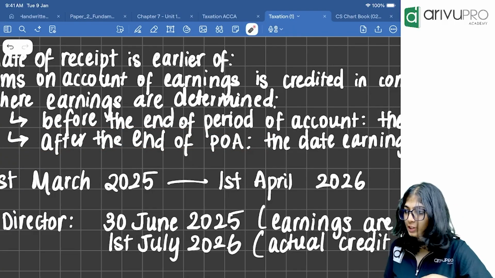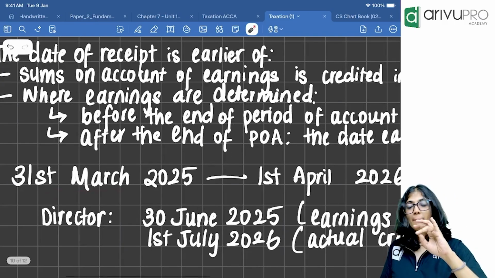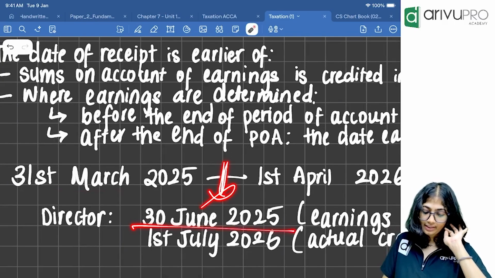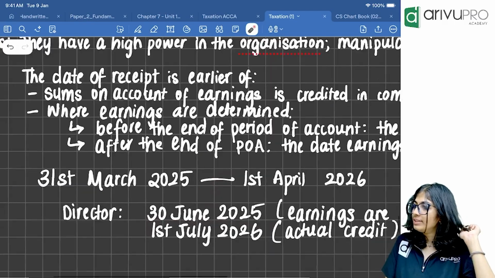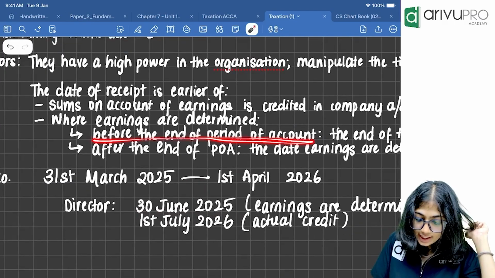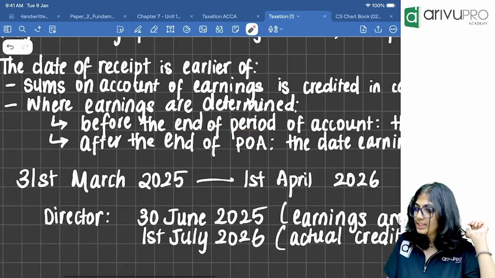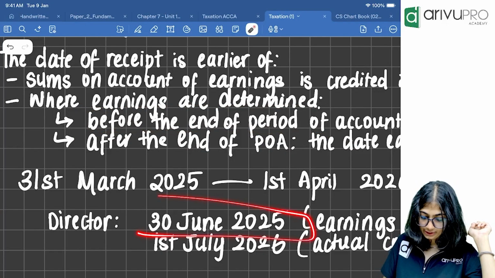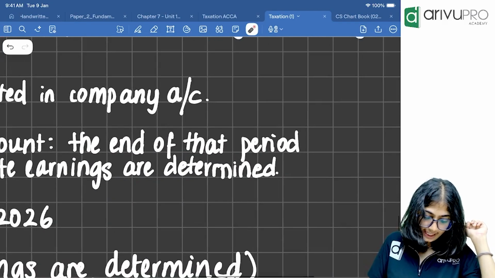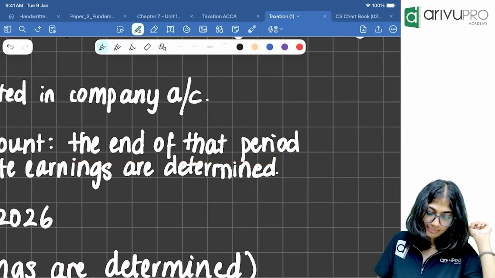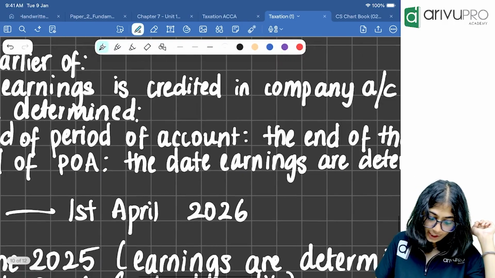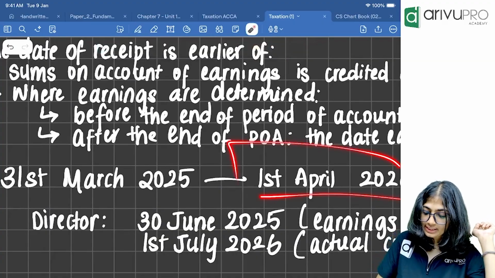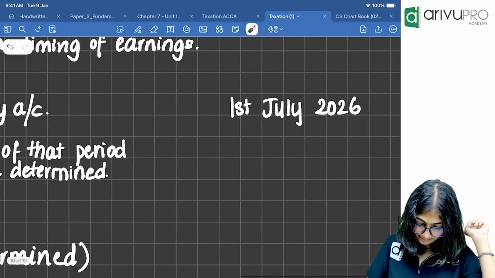Before the end of period of account. It's in between, right? 30th June 2025 is before the end of period of account. If earnings are determined before the end of period of account, which is the case, then the end of that period of account. What is that end of period of account? 1st April 2026.